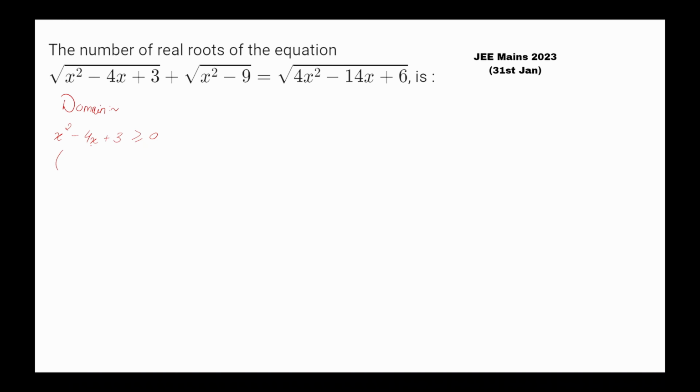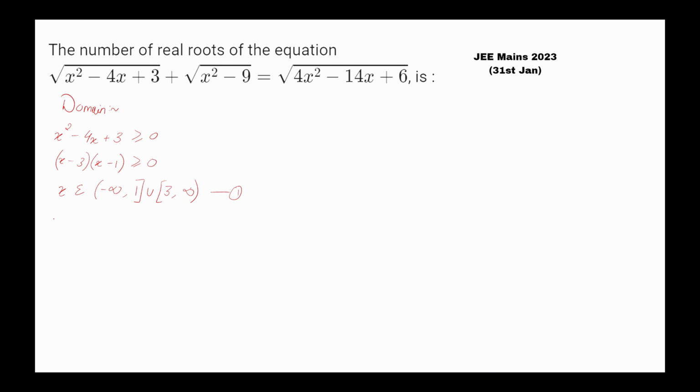The factors are going to be (x - 3)(x - 1) ≥ 0. So from here we get x belongs to (-∞, 1] union [3, ∞). So this is our first domain.